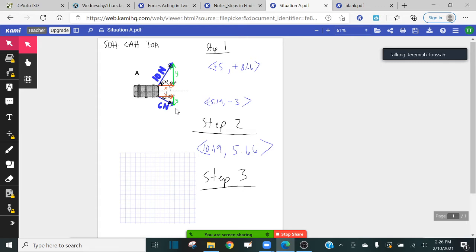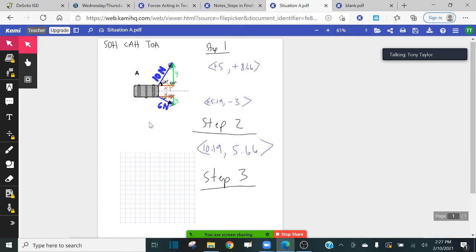The y is going down, so it's pointed negative. Yeah, that's why that's negative. Oh, okay, that makes sense. So Jeremiah, it's very important that you look at the direction of your arrows. Since that blue arrow is pointed to the right and also pointed down, you know the y value is going to be pointed down. So therefore it's going to be negative, but everything else is positive. Does that make sense? Okay.